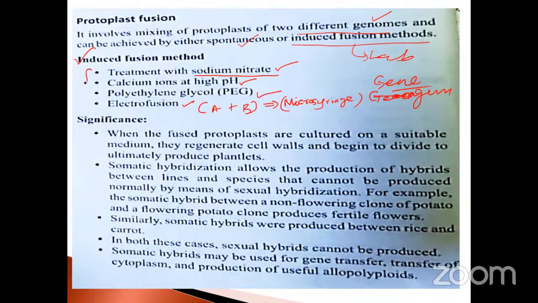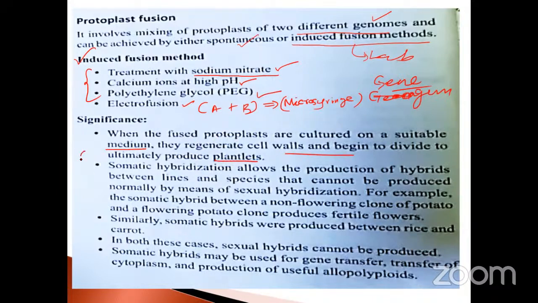See, these are the important components. So, what is the main significance of protoplast fusion? See here, when the fused protoplasts are cultured on a suitable medium, after the fusion you have to introduce them in the medium. They regenerate the cell wall and begin to divide to ultimately produce plantlets. Why are you introducing them in the medium?